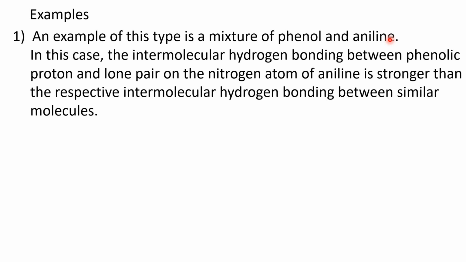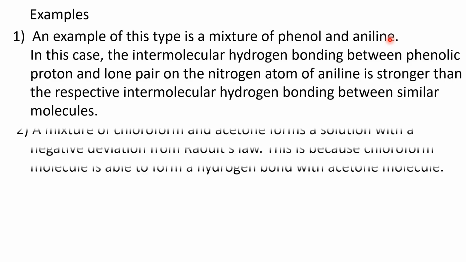And this interaction is stronger than the respective intermolecular hydrogen bonding between phenol-phenol molecules and aniline-aniline molecules. So, strong intermolecular interaction developed here. So, this is an example of a non-ideal solution showing negative deviation.